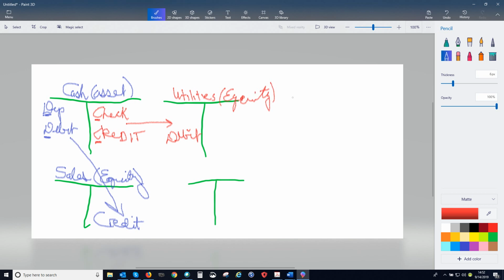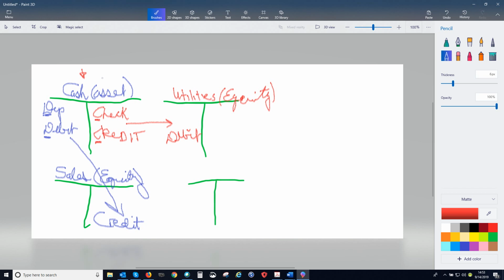They reduce that. Now, you're probably sitting here going, wait. I do my bank reconciliations, and when I deposit something, my bank statement shows a credit, right? Yes, it does. Why? Because you're actually seeing the bank side of it. When you deposit, let's say, $100 into your bank account, the bank owes you $100, right?